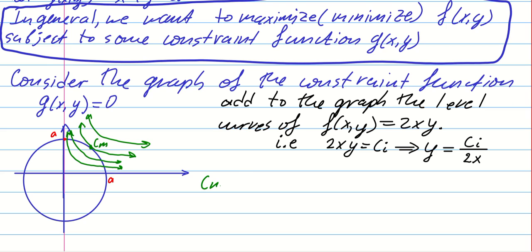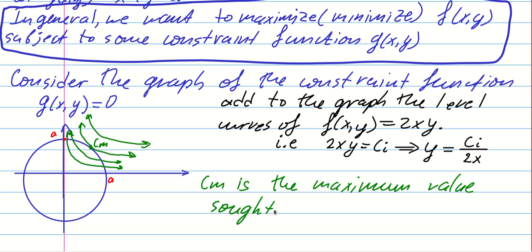What happens at c sub m? Since these are level curves, this would be the maximum value sought.